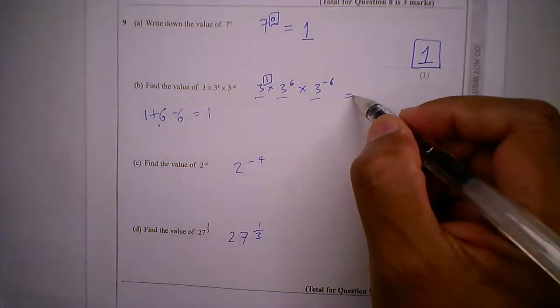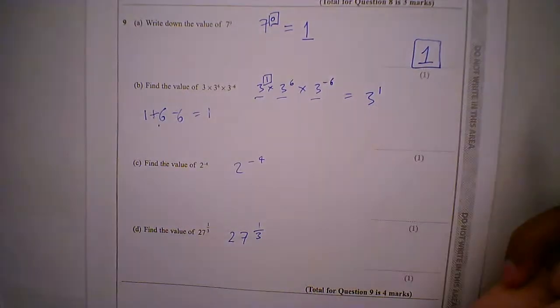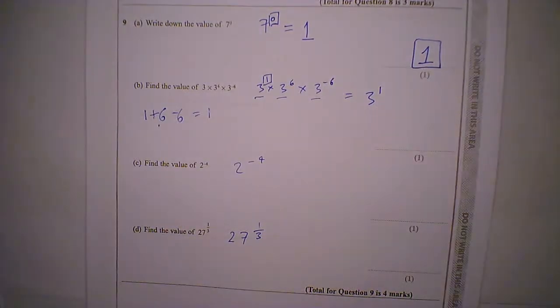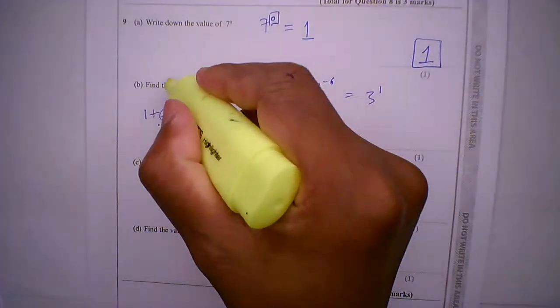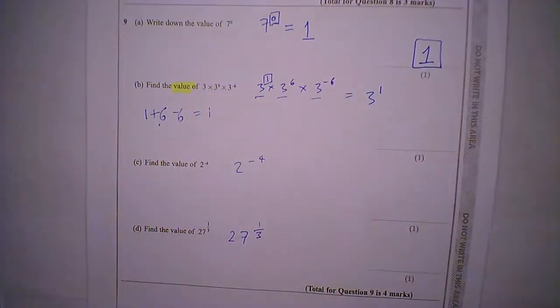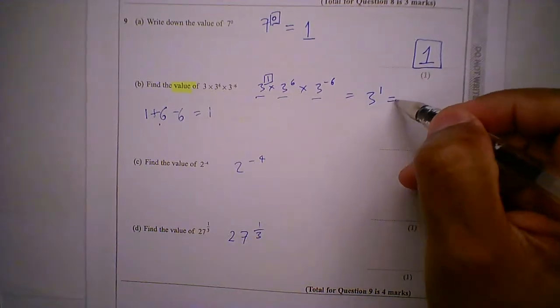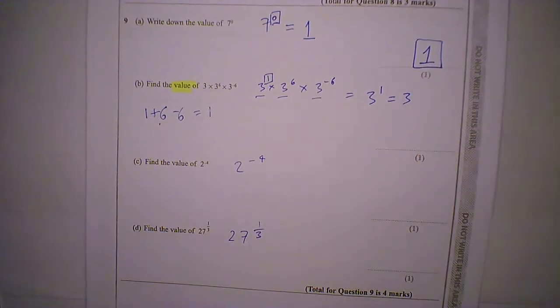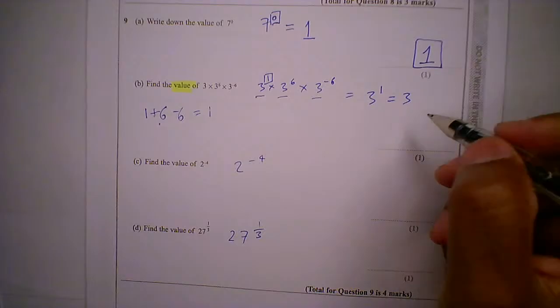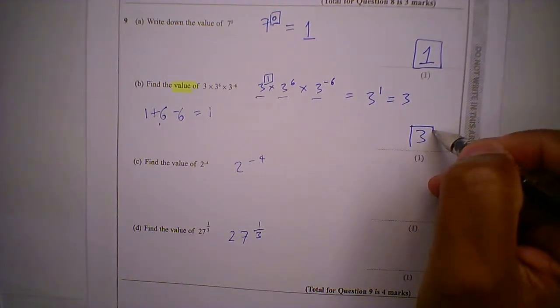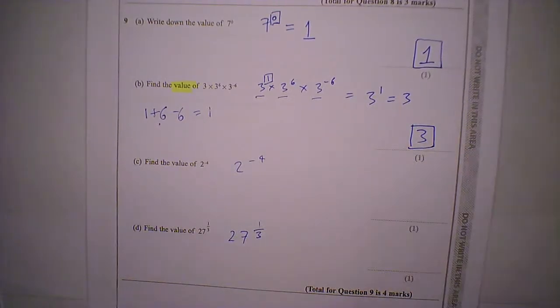So this is 3 to the power 1. Now if I read the question again, it said find the value. So 3 by itself I can change to a number which is just 3. So my final answer is 3. Nice 1 mark question here.